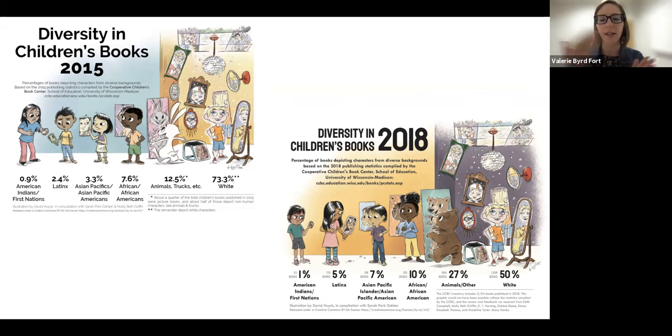And so then if we look at the updated infographic in 2018, you can see that numbers are slightly better. It is interesting to note, just going back to what we talked about earlier about animals in picture books in particular, in 2018, we had 50% for the white characters, and then 27% for animals, other.